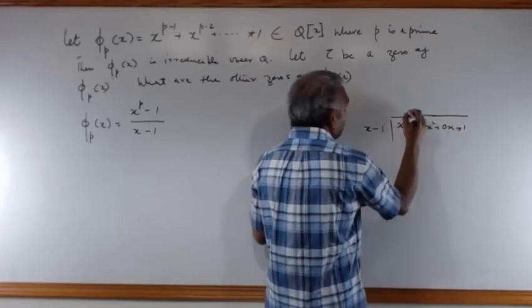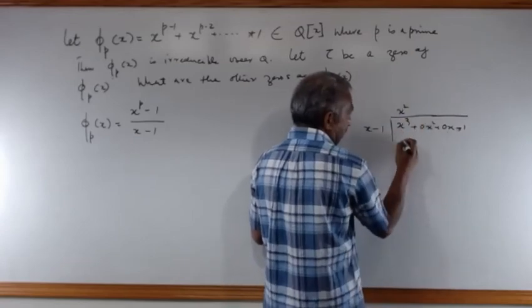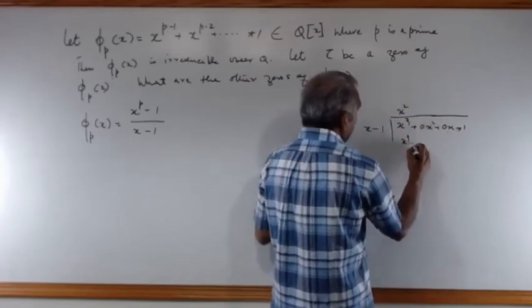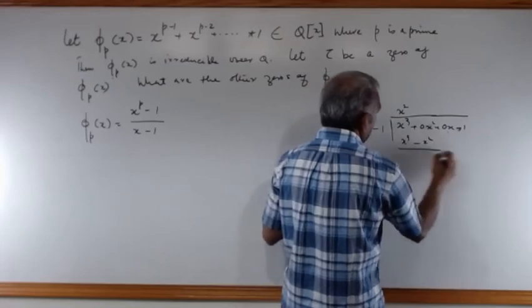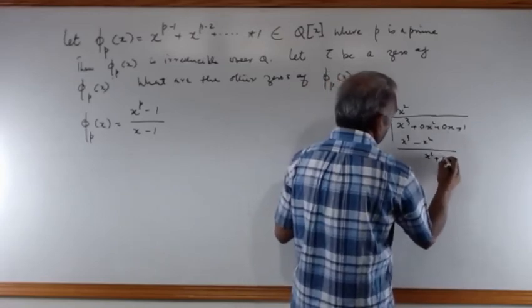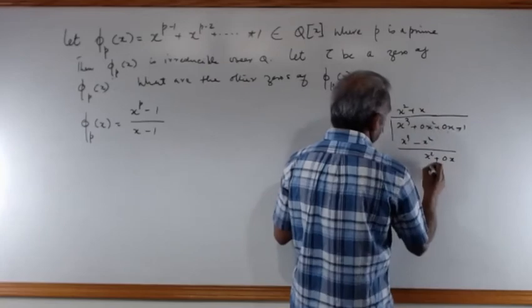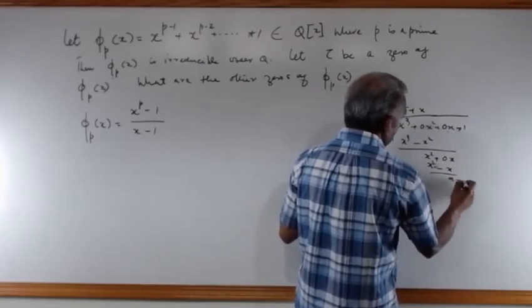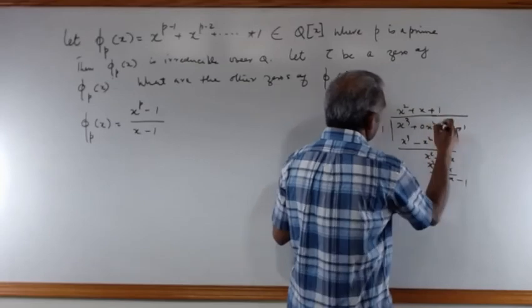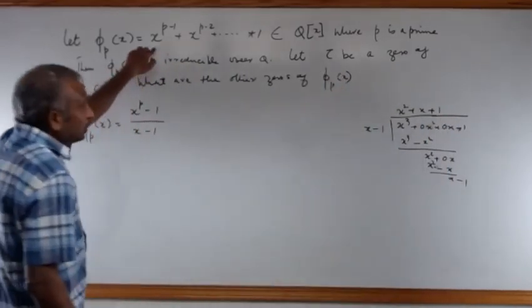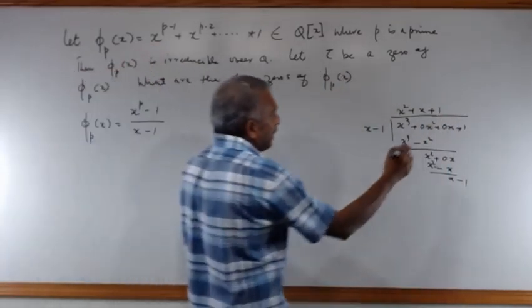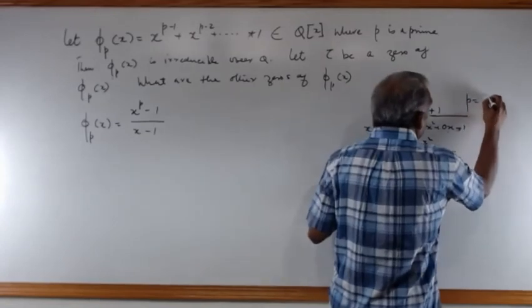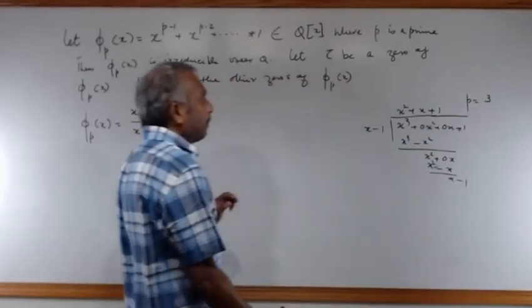So you can divide this one as x square, x cube minus x square plus 0 x plus x square minus x minus 1 plus 1. That's what this one is. Here our p is 3, a prime number.